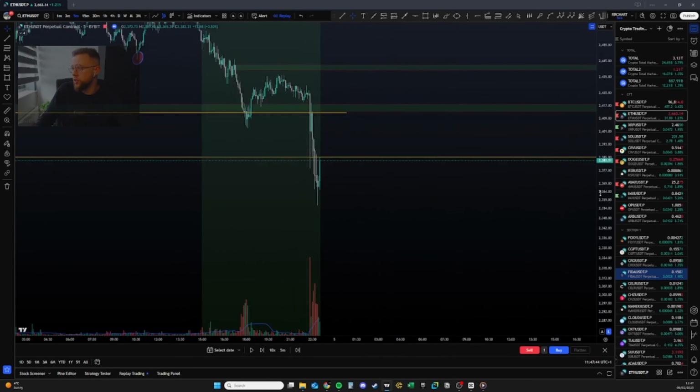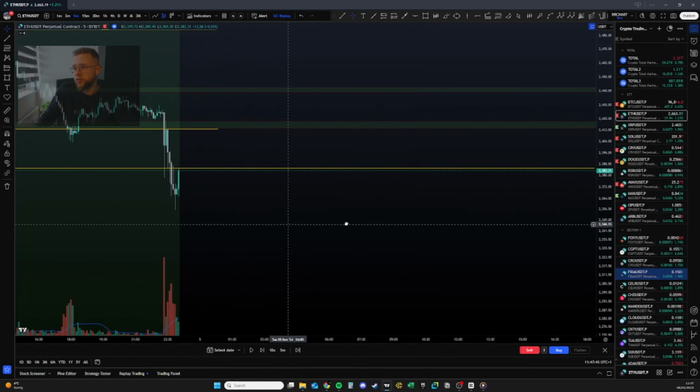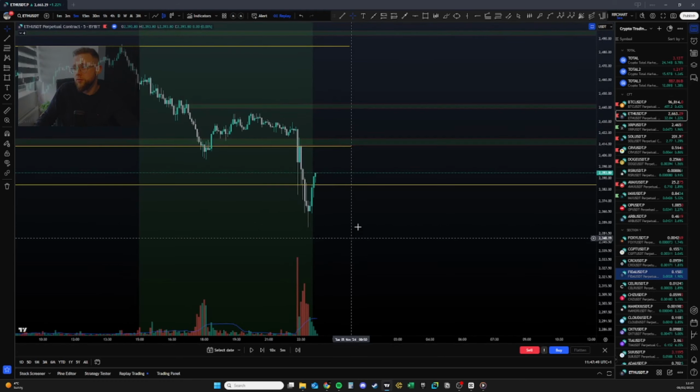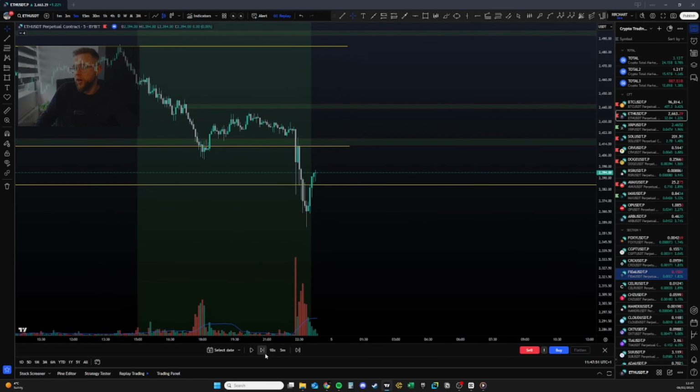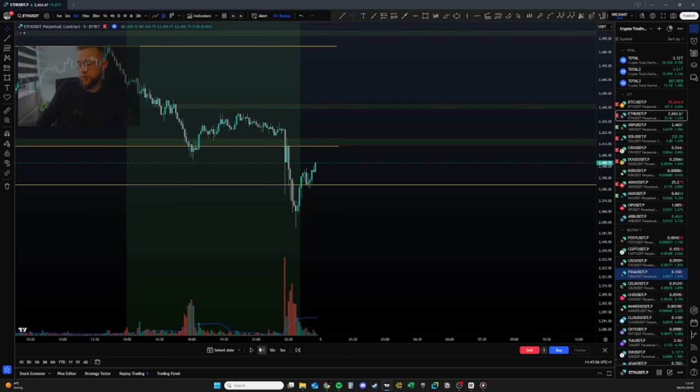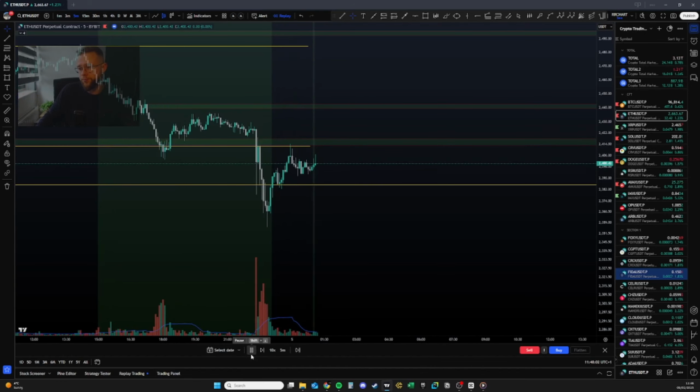And it goes even further down. Maybe it's a false break. Maybe not, who knows. So we have to wait, of course, for confirmation that we can open our next trade. But I see that the New York session is over and we have to move to the next day.